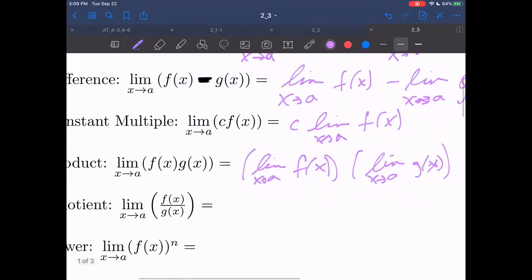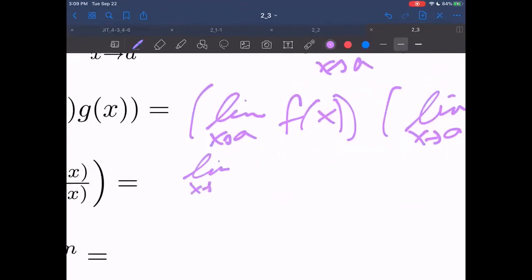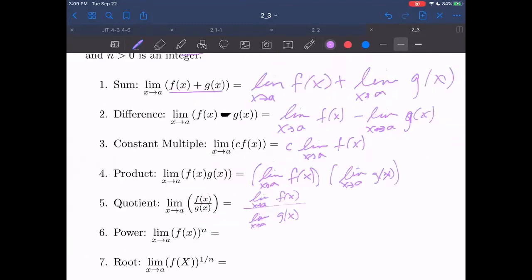Okay, similar with the quotient, we could do the limit as x approaches a of f of x divided by the limit as x approaches a of g of x. Okay, so we've got the sum and the difference and the product and the quotient. We're just kind of distributing the limit in a sense. Okay, and then you've got the constant multiple where you're popping that out.